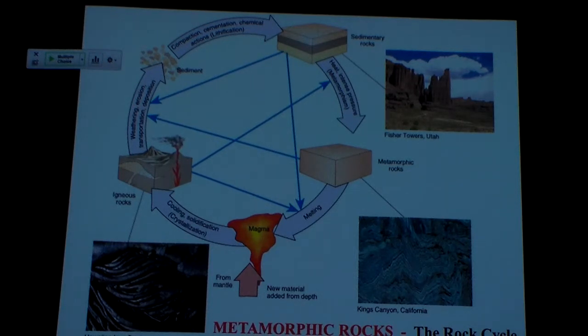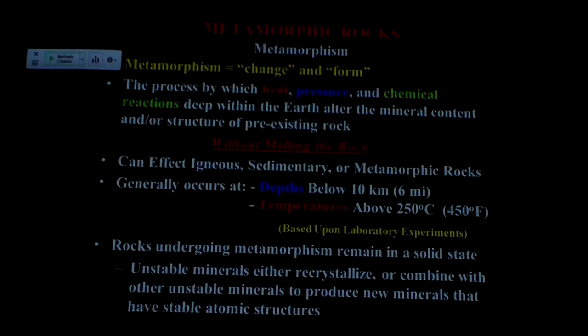We're changing them from the conditions that they find themselves beginning with to this new set of conditions being imposed on them. And the idea is they're going to go from being stable in their original conditions to being unstable in their new conditions, and they've got to make that adjustment to get back to stability and equilibrium. So that's what we see them going through.